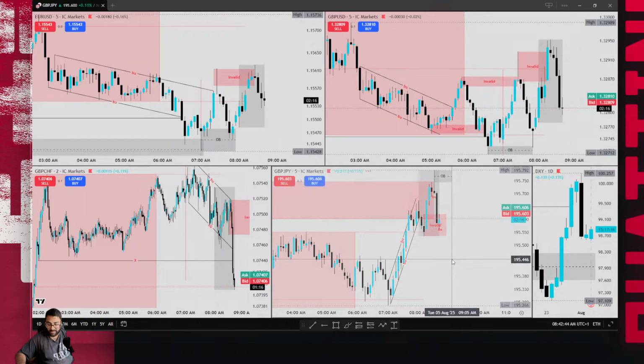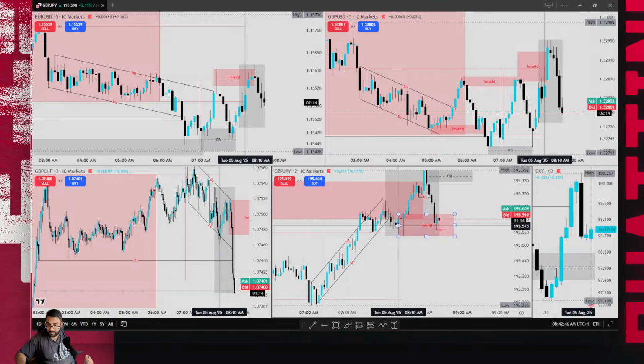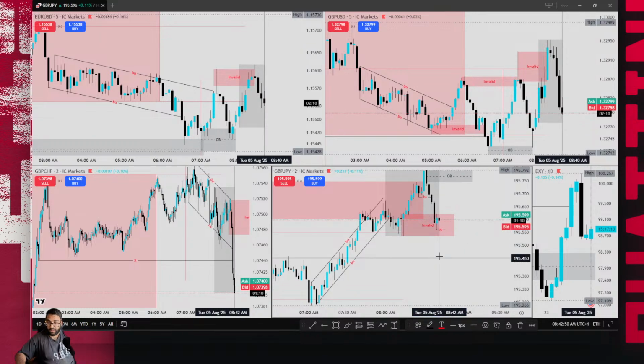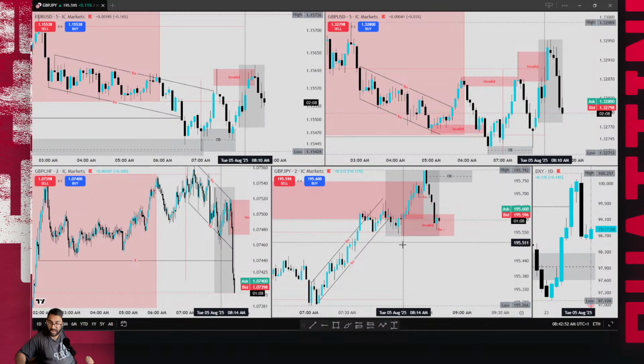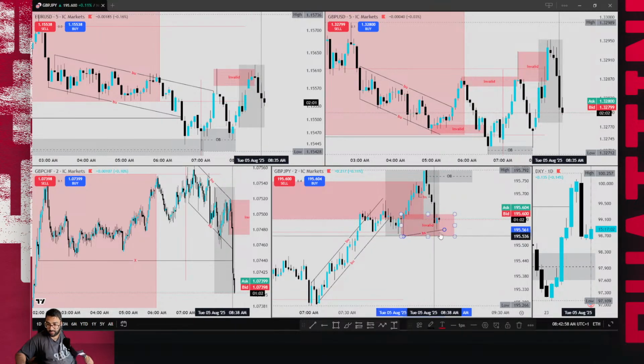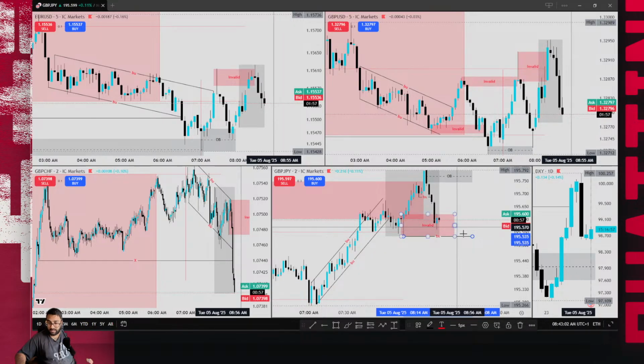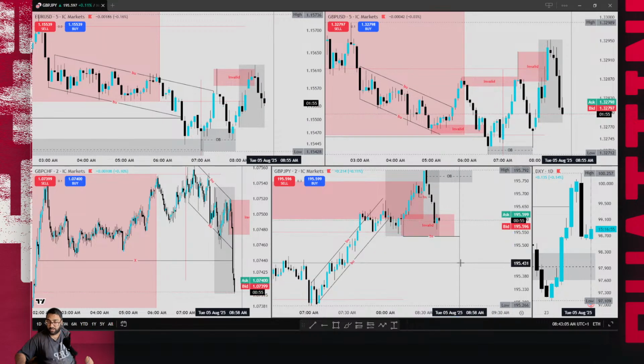So I'm hoping that zone fails. I need to wait for this to break structure and take this low, otherwise I'll get caught out. So I needed to break this actually. Break that, and then we can look to take a short.